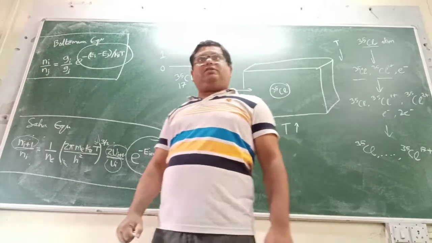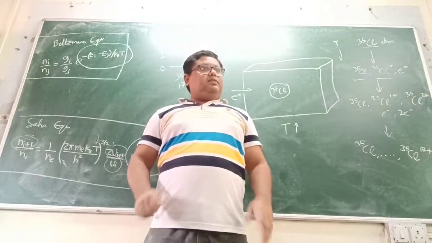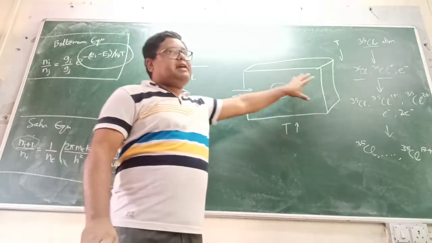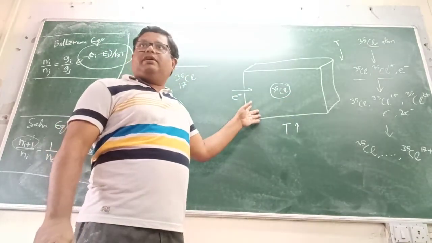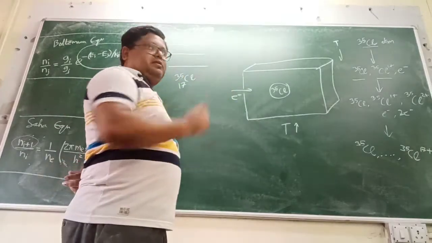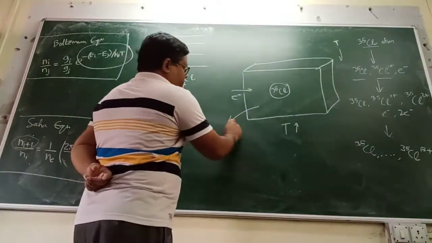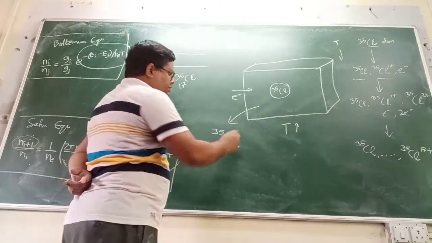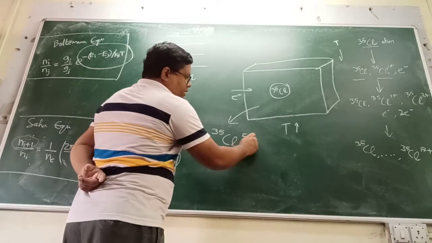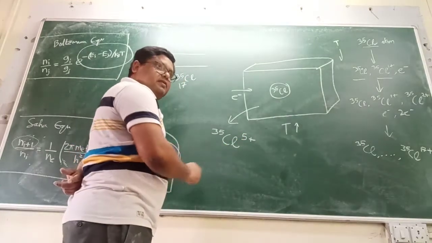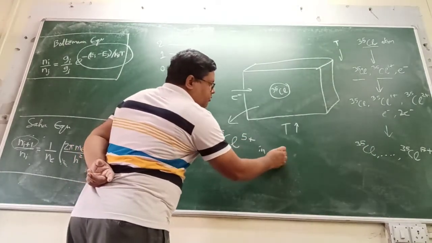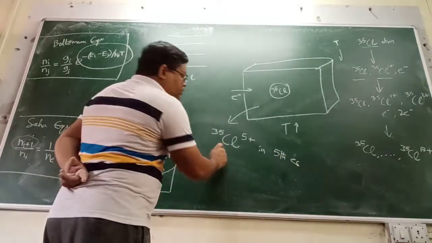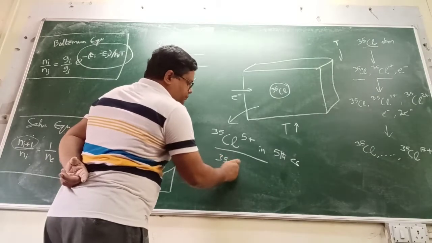Now, next question. Suppose, again, consider this at a very high temperature. And the question is, sir, how many 35 chlorine 5 plus ions in the fifth excited state are there with respect to the 35 chlorine atom?